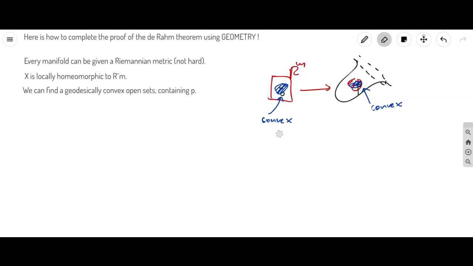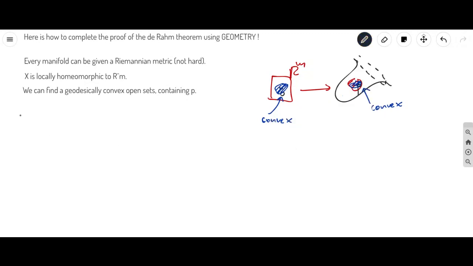The reason for this is that this chart is locally describing the geometry around that point. You want to think of a geodesic as playing the role of a straight line. So if between any 2 points there's a geodesic, in other words, a unique path that minimizes distance, that is playing the role of a straight line. So when you convert it back to Euclidean space, whatever that path is, it's going to be a straight line here. So that's why this is convex.